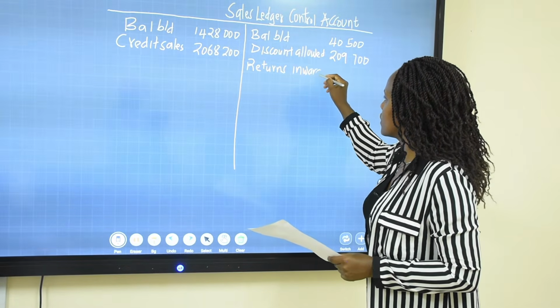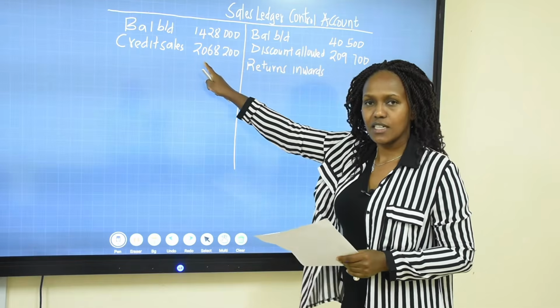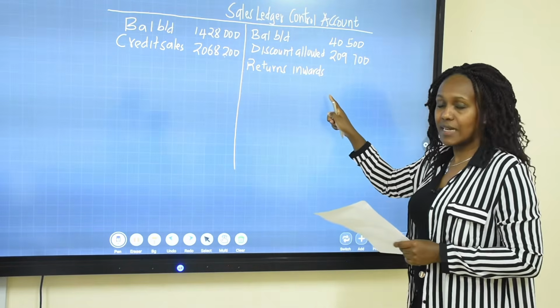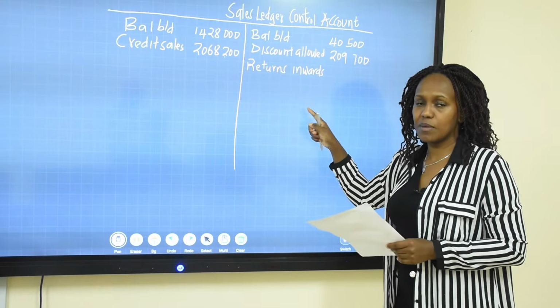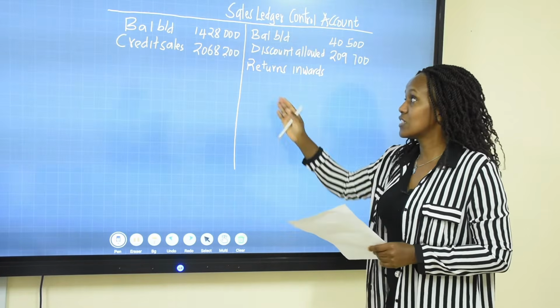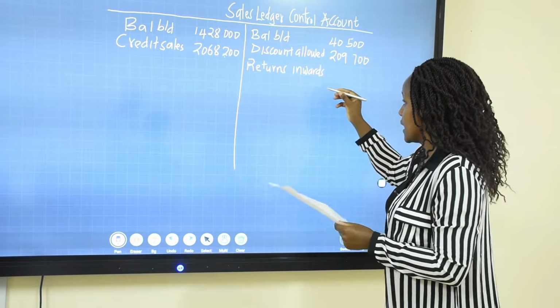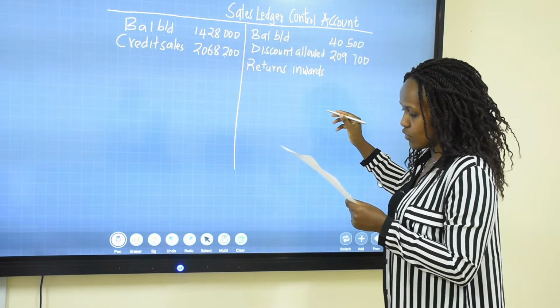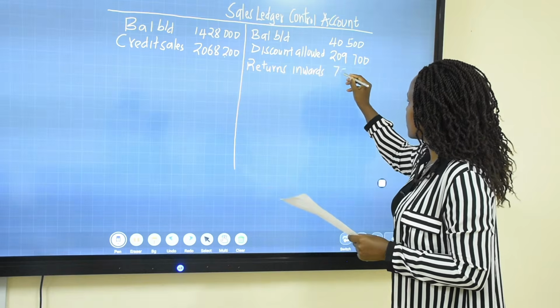So out of the goods that were sold on credit, the credit sales, some of the goods were later returned by the customers. Maybe they were defective. So it is reducing the amount of debt or the obligation from the debtors. So the return inwards is 75,000.